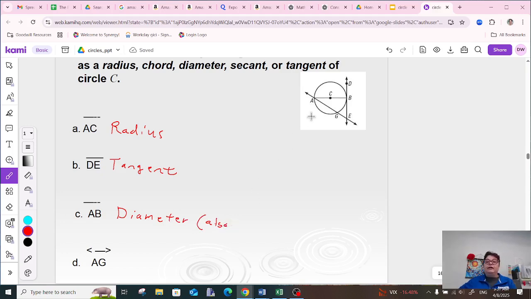Wait a minute. No, because AB didn't go through the circle. It's just the endpoints are here and here. Chord. It could also be called a chord. It's a special chord. It's the longest chord in a circle. What's AG called? AG is your secant.